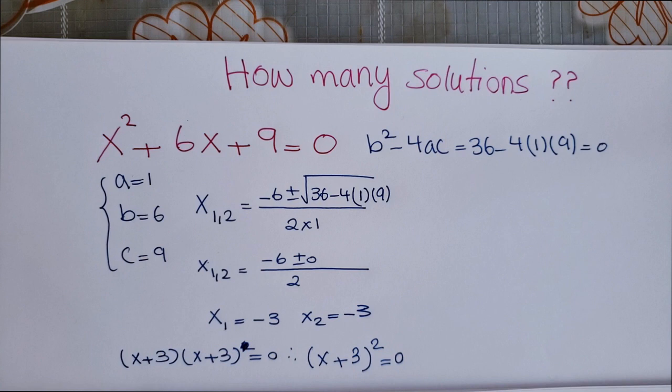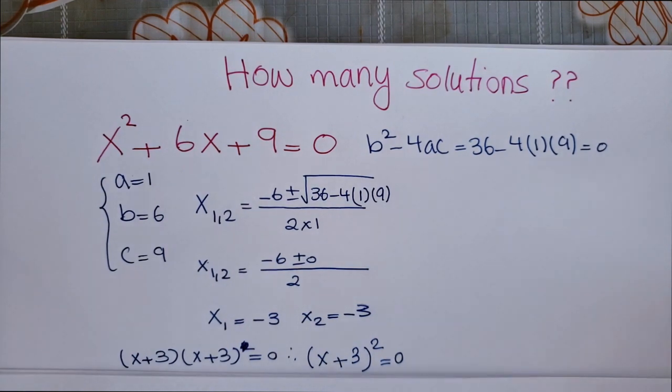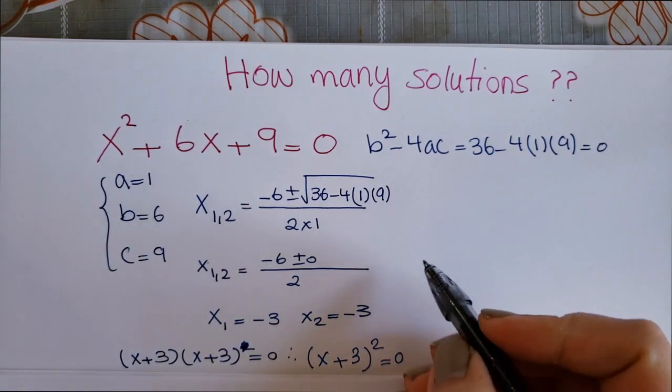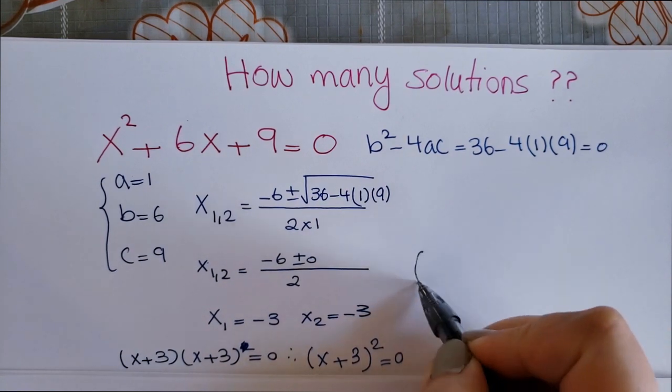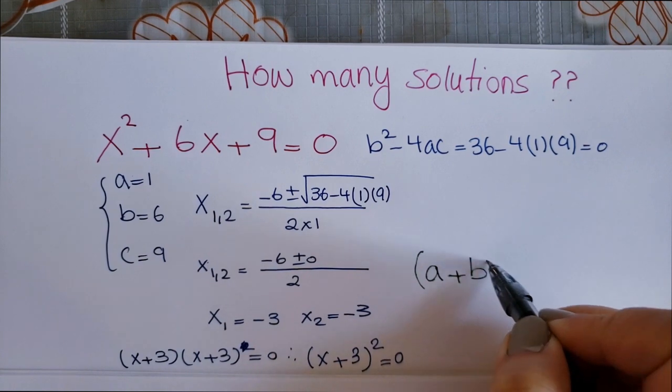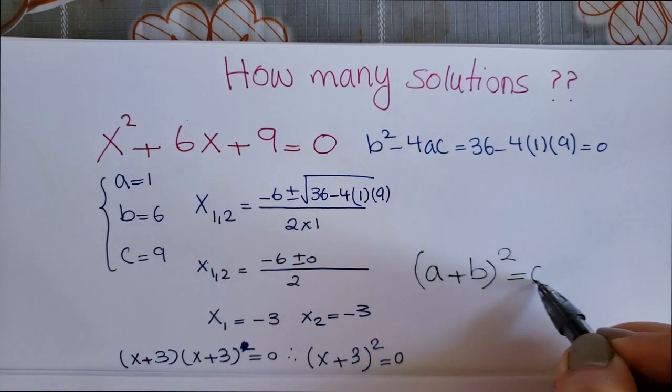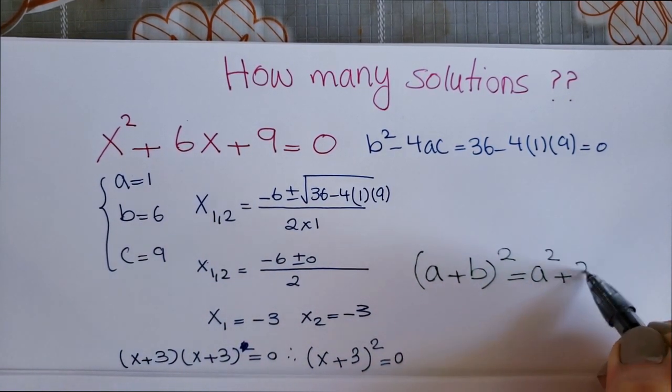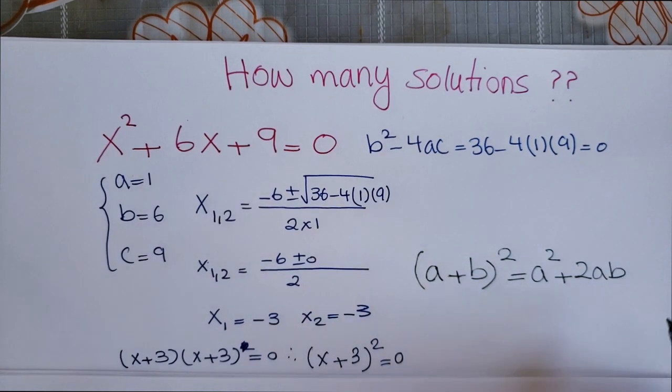Remember, we want to solve each of these examples with 2 methods. The other one is factorization. If you remember, this is pattern number 2. Just to remind you, I will write the pattern again here. So a plus b to the power 2 would be a squared plus 2ab plus b squared.